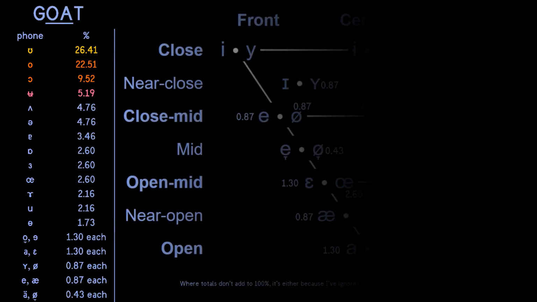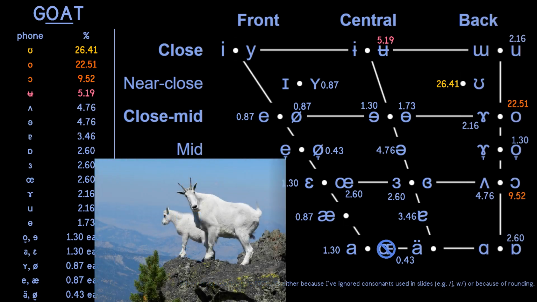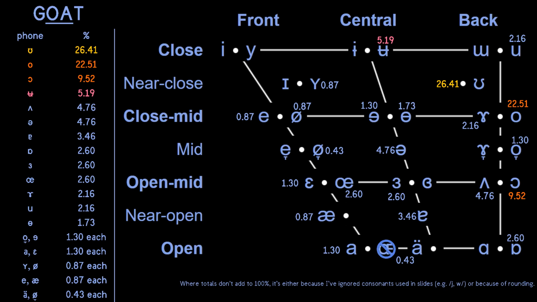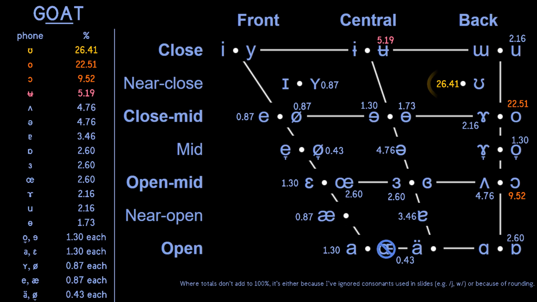Moving on from the thought vowel, I next want to cover the goat diphthong. After creating these diagrams, it occurred to me that for the sliding vowels, I probably should have separated the onset phones from their target phones for each set. But seeing I didn't think of that earlier, you'll find that the target phone consistently wins first place for all the diphthongs.